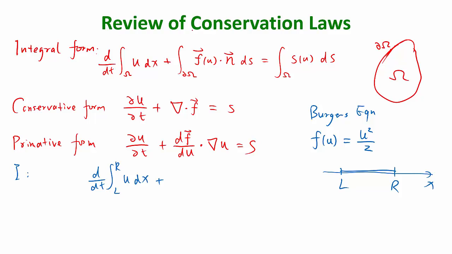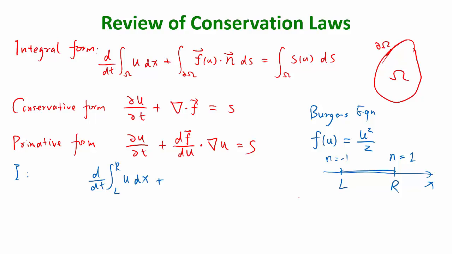Now, in 1D, what is the boundary integral like? It's just two points. It's a summation of the integrand at these two boundary points, right? And what is the outward surface normal for this interval? n is equal to +1 at R, and n is equal to -1 at L, right?